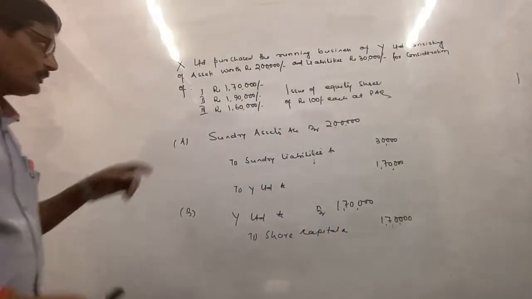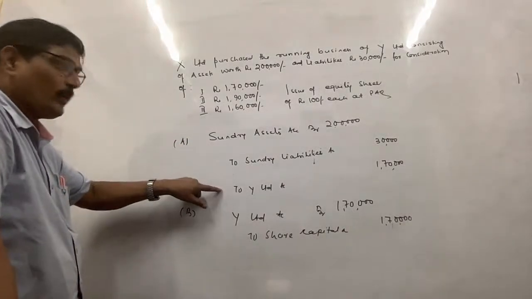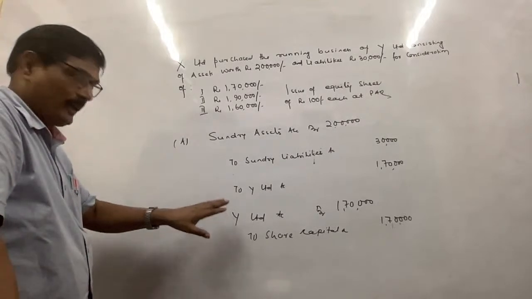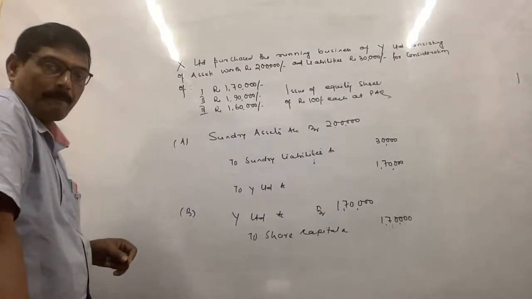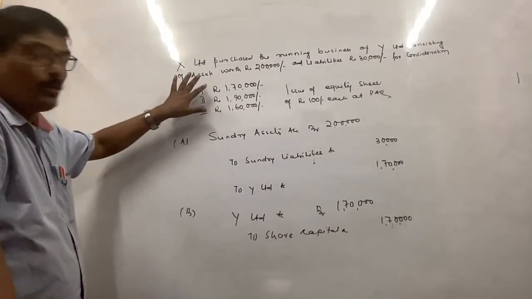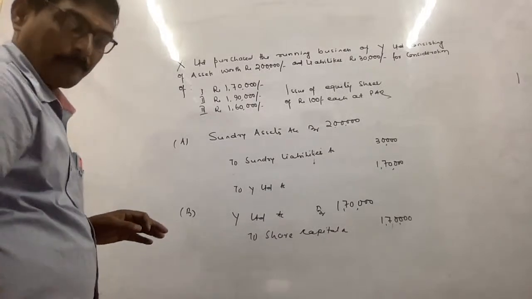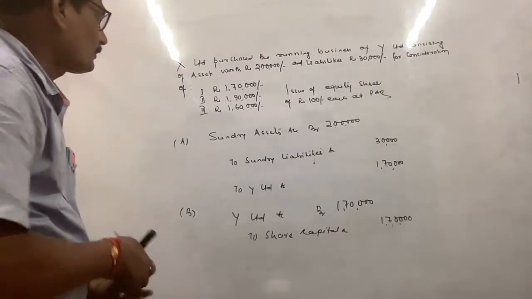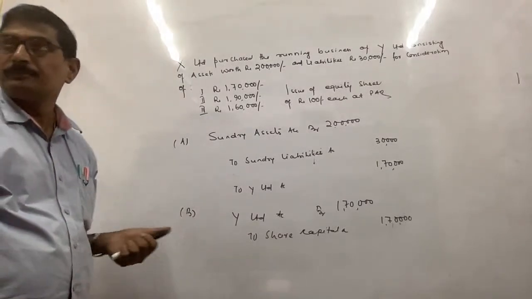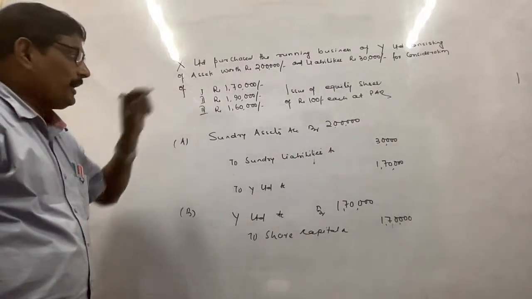Right? First entry is sundry assets to sundry liabilities and to Y Limited, and second entry Y Limited account debited to share capital. When we are paying exactly what is due, 1,70,000. Clear?